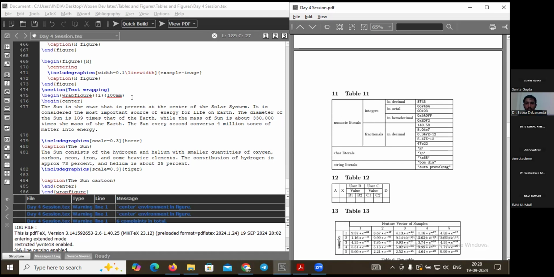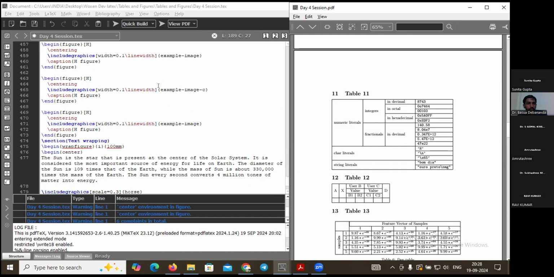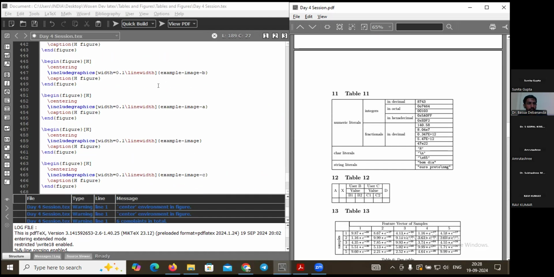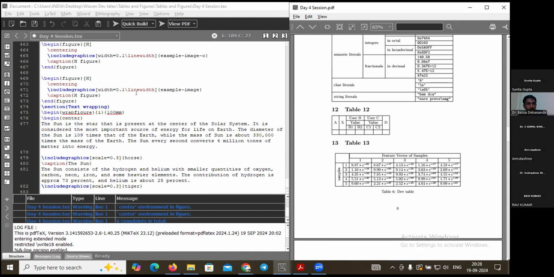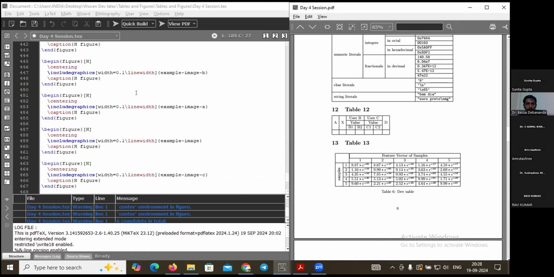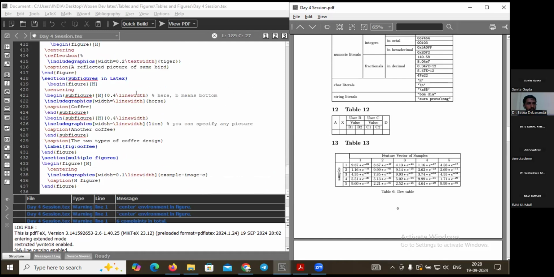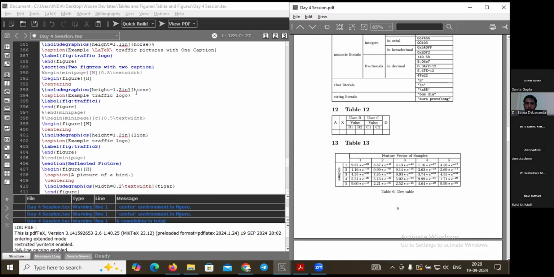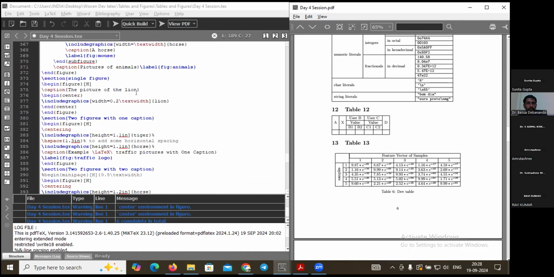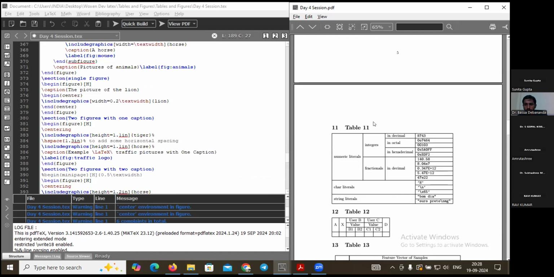If you want it horizontal... Sometimes we have too many columns and cannot show it horizontally, so we have to put the table vertically on the page, like in a review paper where we have so many columns.